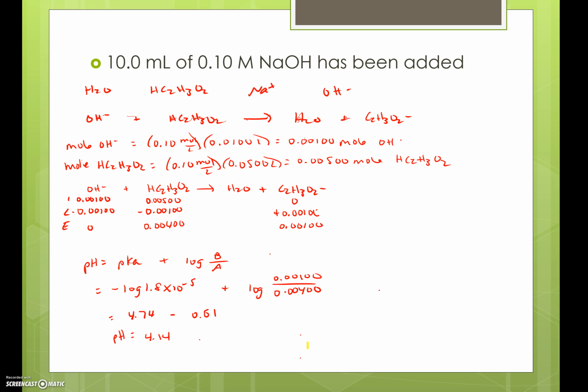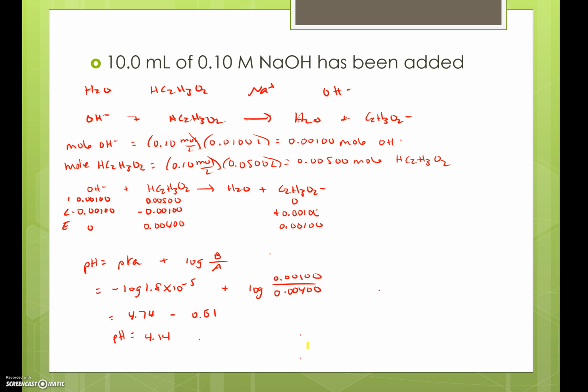Now, since we're mixing two solutions together, we need the moles of hydroxide and the moles of acetic acid to do our ice chart. So we'll take the molarity of the sodium hydroxide and multiply it by the volume. That'll give us 0.00100 moles of hydroxide ion. And we'll do the same thing with our acetic acid.